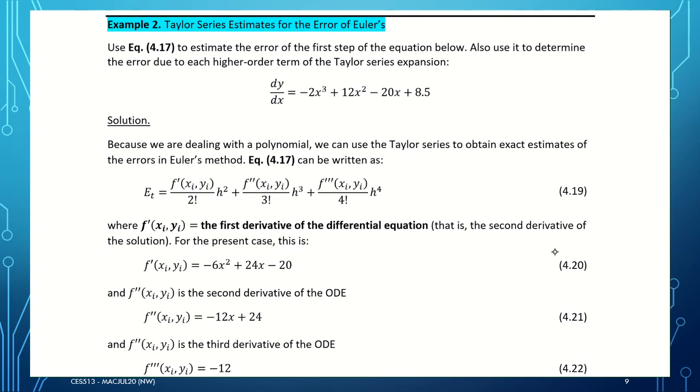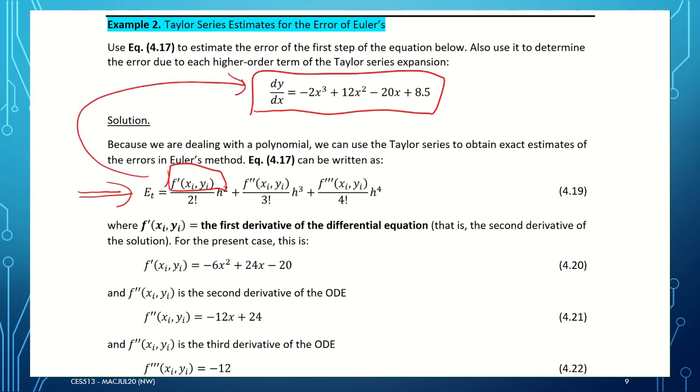So we have the differential equation here, dy/dx equal to negative 2x cubed plus 12x squared minus 20x plus 8.5. Actually, it is the similar equation from before. So for the solution, first of all, we have the general equation for the true error, which is equation 4.19, where the first derivative here is the derivative of this function.